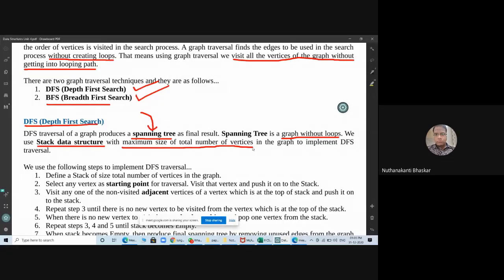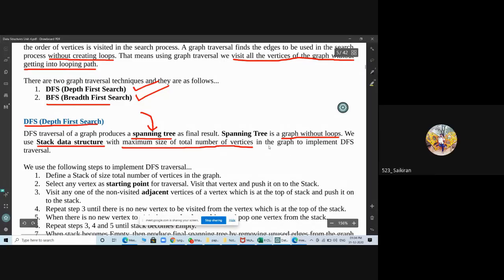In BFS, the total number of vertices is the maximum queue size. Clear? Same story. If you know DFS very clearly, you can easily understand BFS. That is my intention. I am comparing now.